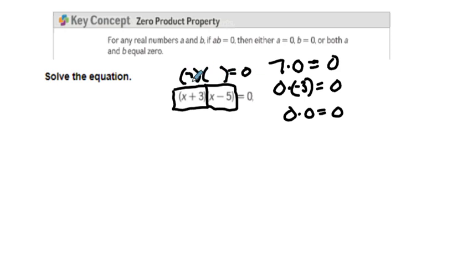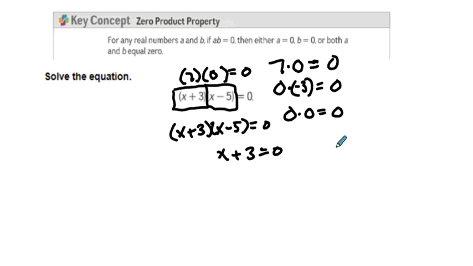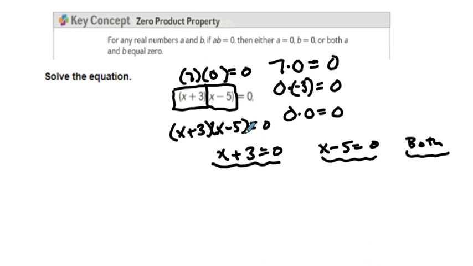So if you have something like this, that is also a product, and it's the same thing where one could equal 0. So x plus 3 could be equal to 0, or x minus 5 could be equal to 0, or both.